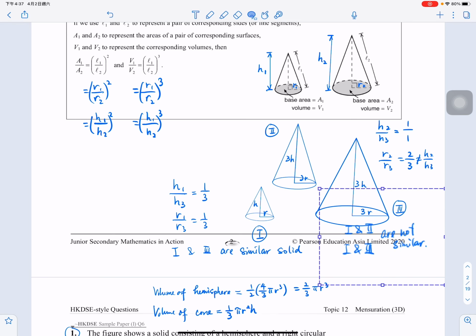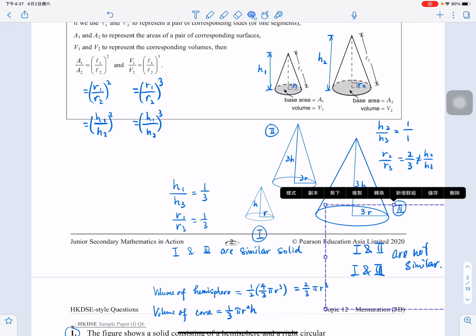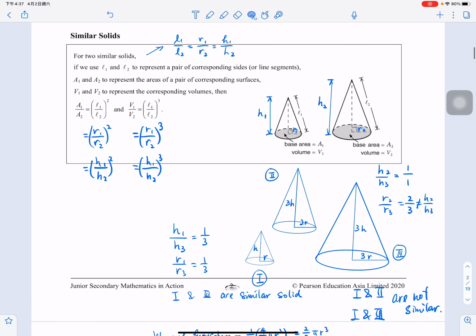At the same time, 1 and 2 are not similar solids, and 1 and 3 also are not similar solids. Sometimes it may be given that they are similar solids, and sometimes a question may ask you to check it. Are they similar?